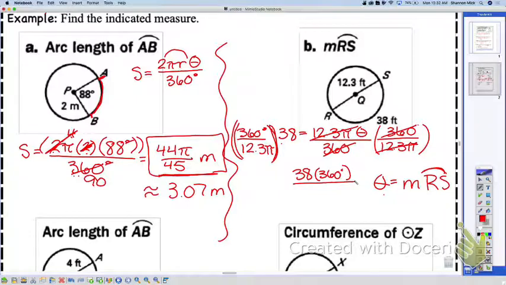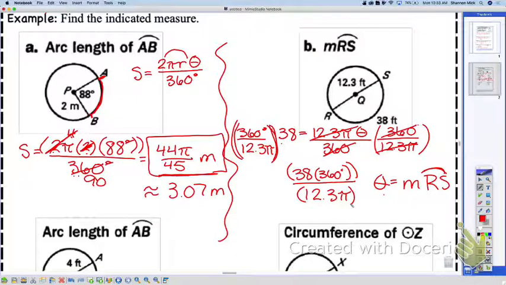Over 12.3 pi. When you put this in your calculator, you have to put parentheses around the numerator and the denominator. So you put parenthesis 38 times 360, parenthesis, divided by, parenthesis, 12.3 pi, parenthesis.